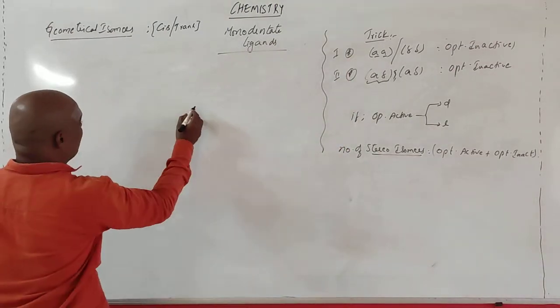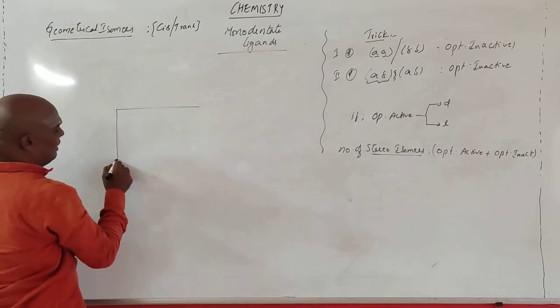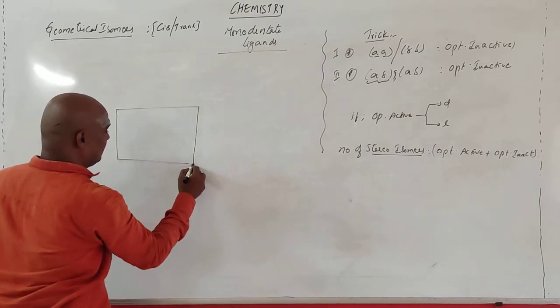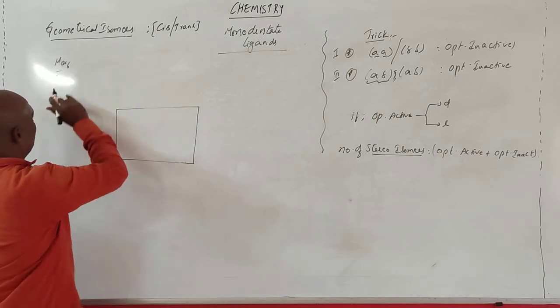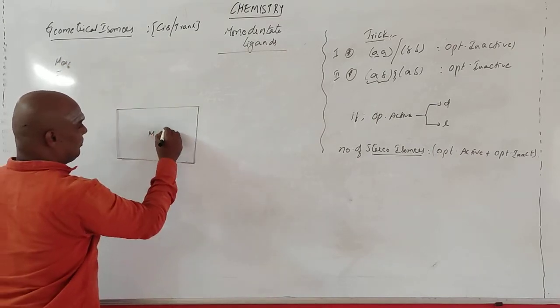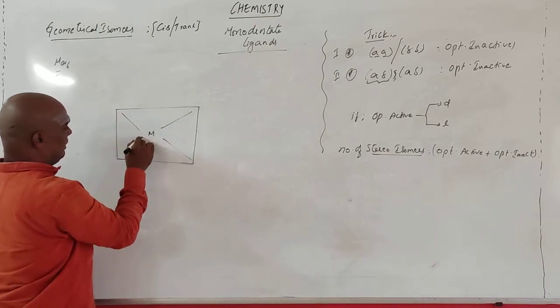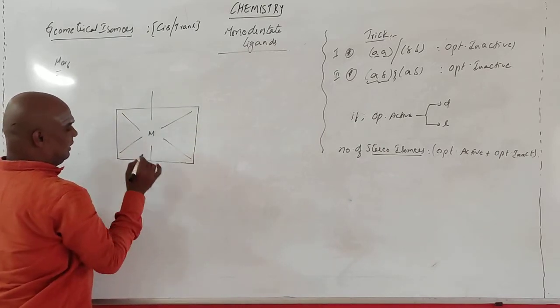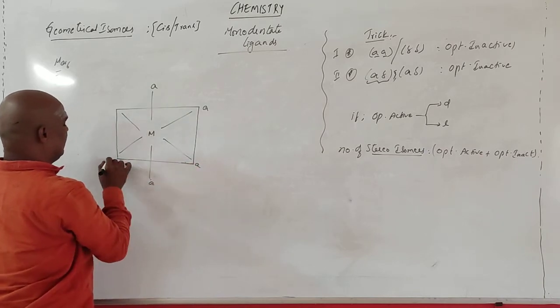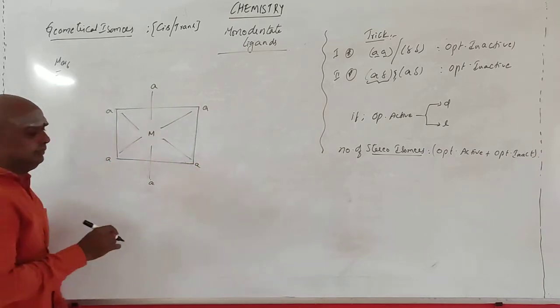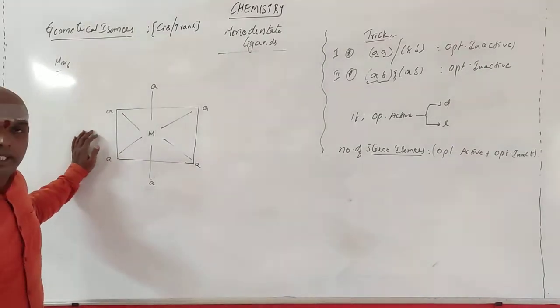Let me take a complex like M(A)6. Here we take M at the center, and these are A. So M(A)6 is the complex.